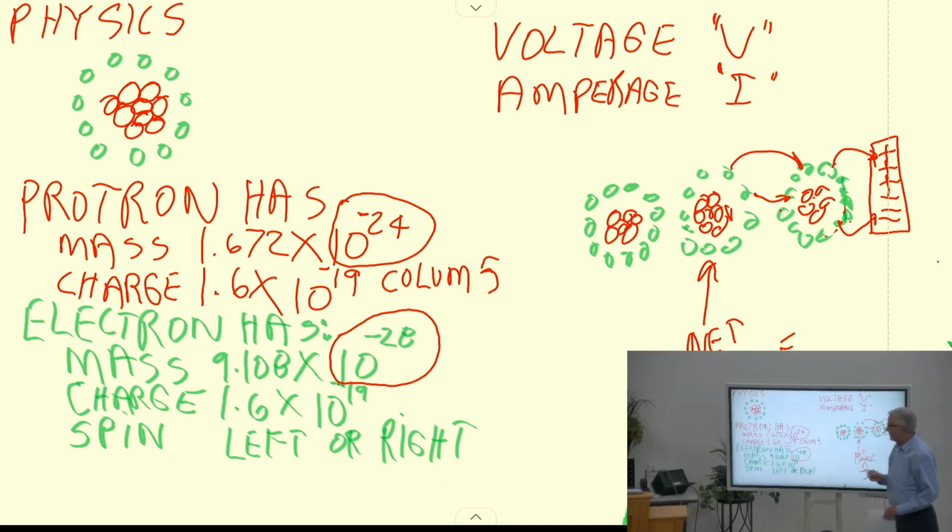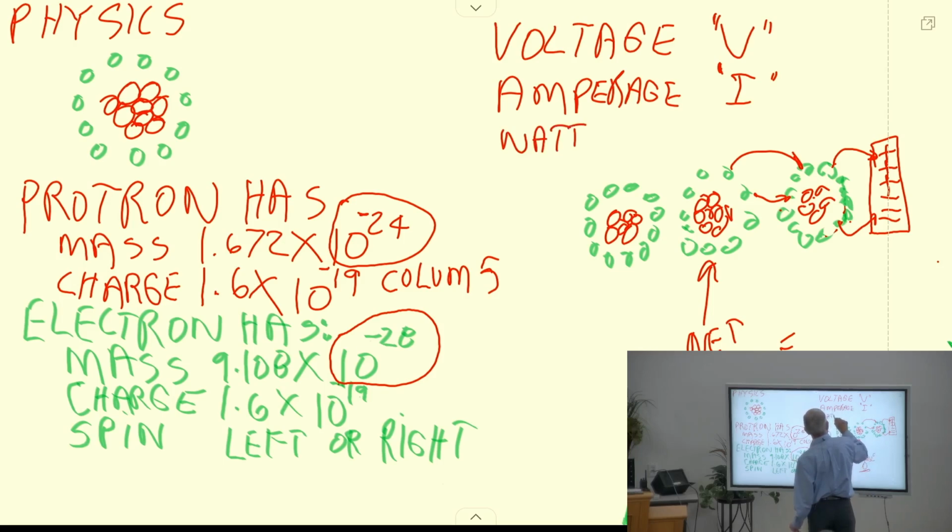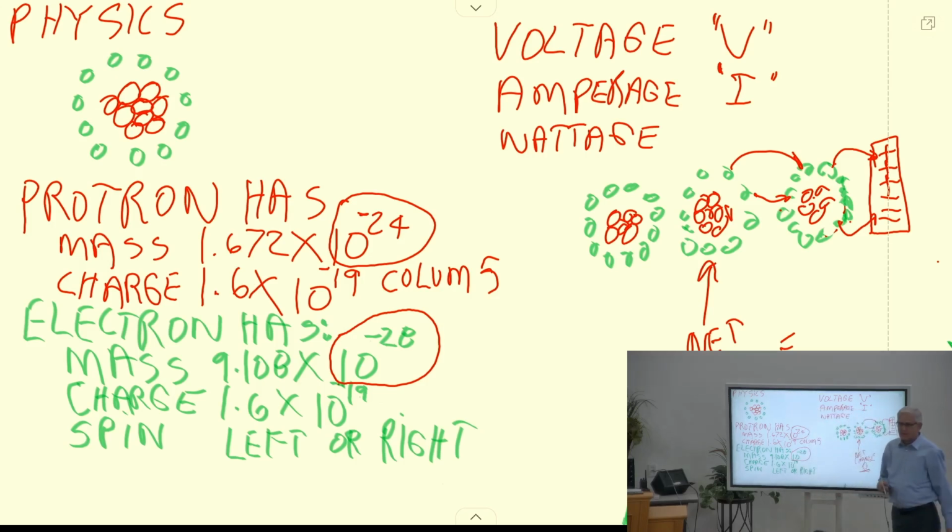Now our next quantity that's important is wattage. Now, wattage is a measurement of power. So this is a measurement of power or energy.